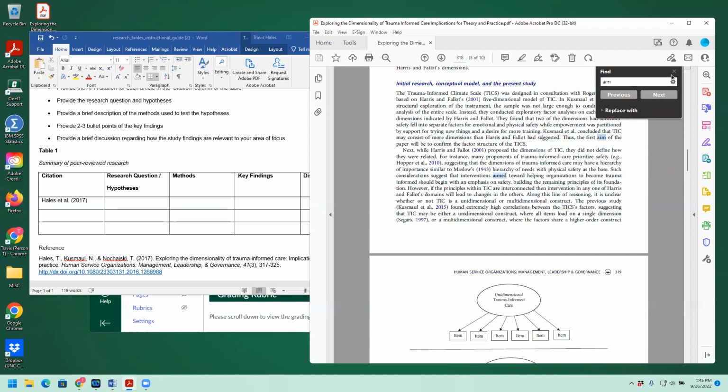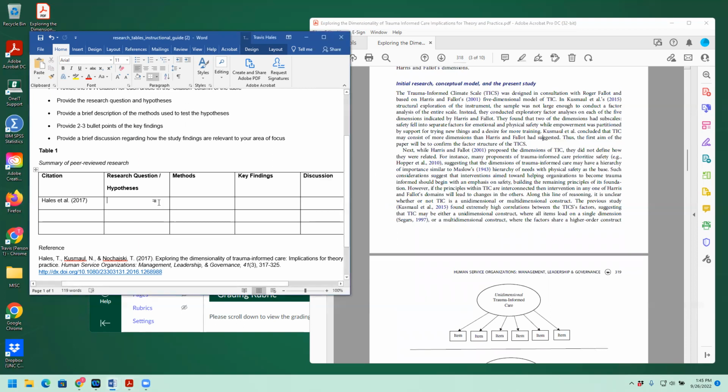And here we see through our search that the first aim of the paper will be to confirm the factor structure of the TICS, which is the Trauma-Informed Climate Scale. So in here, I'm going to plug in aim 1. And then as discussed on Saturday, for the aims, research questions, hypotheses, you can pretty much write these verbatim.